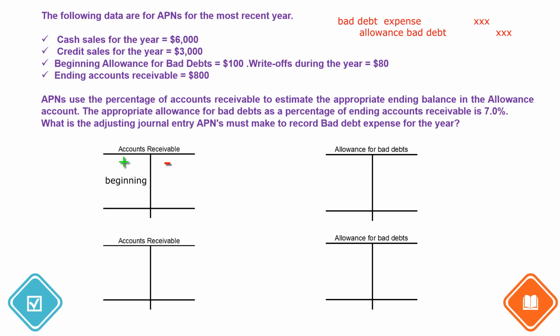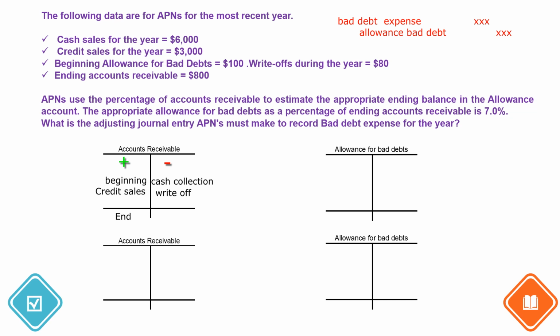It increases with credit sales, so sales that are made on account. The only way it goes down is if a customer makes a payment on their account, so cash collections, and it can also go down if we actually write off an account. We would do that because a customer hasn't paid us, but they're never going to pay us. They filed for bankruptcy or something like that. So that will give us our ending balance.